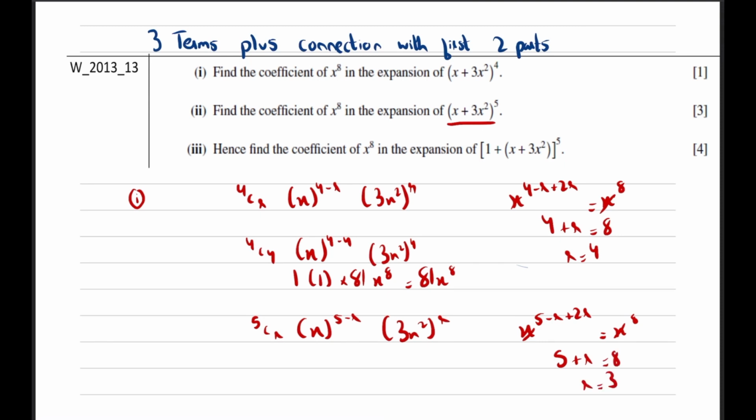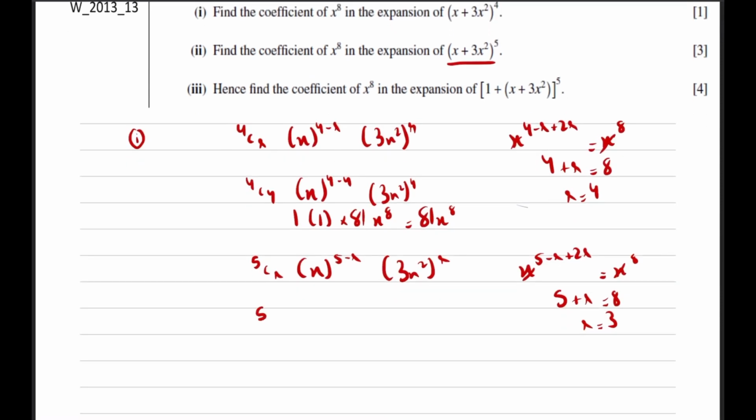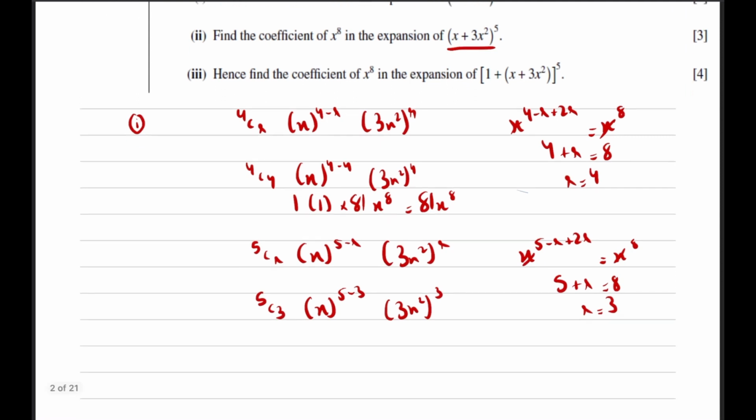What's r? 3. Let's plug in: 5C3 x^(5-3) (3x^2)^3. So what's the value? 10 x square into 27 x power 6. So it's going to be 270 x power 8. Do you get this? So I got the coefficient of both.